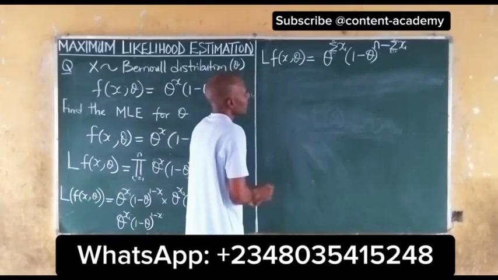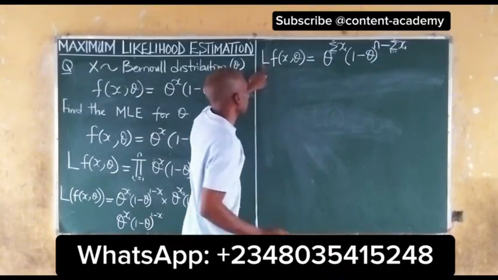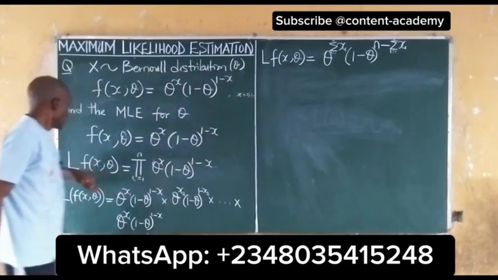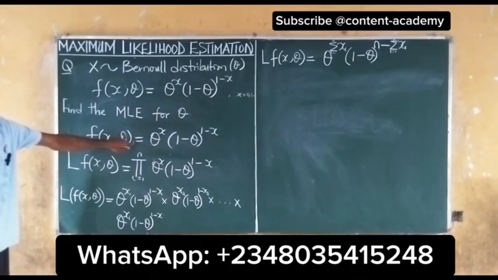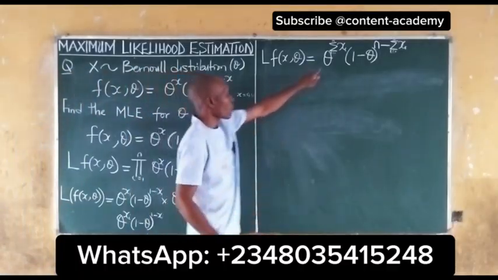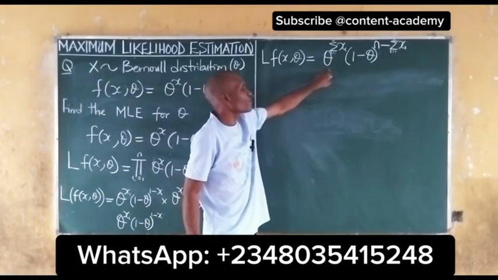So this is what we get. We have succeeded in taking the likelihood function of the given distribution. That is all we get. The next thing to do is to take the log, logarithm of this function.